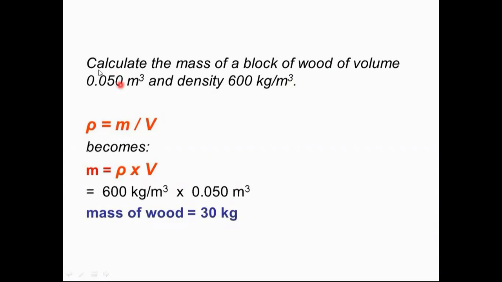To calculate the mass, we convert this equation: m is equal to rho into v. Now we put the values of rho and volume v, then we find out the mass of the wood is 30 kg.